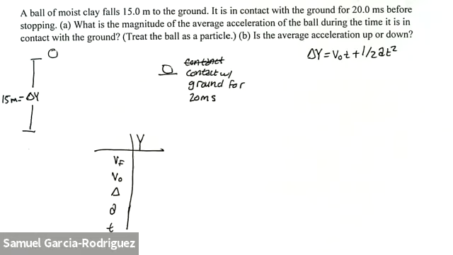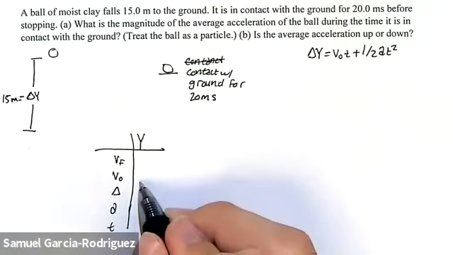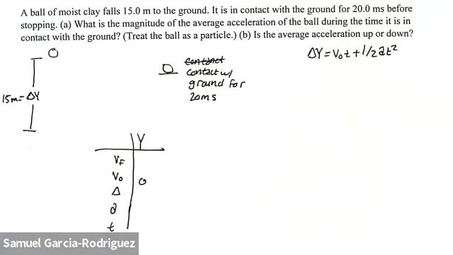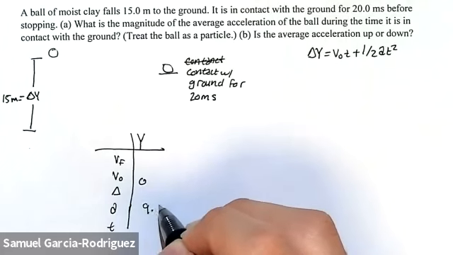What is V naught? 0. Somebody on Zoom, can any of y'all fill out a second box or a second little letter? Acceleration is 9.8. Okay, acceleration is 9.8.